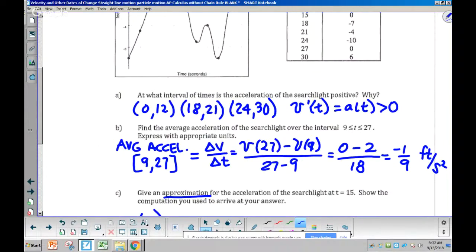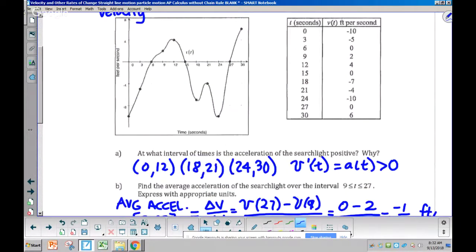Now, I have the velocity at 15 seconds, but I do not have the acceleration. But could I approximate it? You see at 15, I have a pretty reasonably straight line here. Yes? So could I use some points around it to approximate?